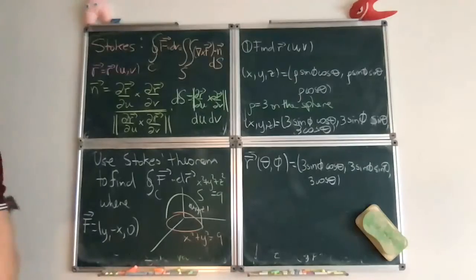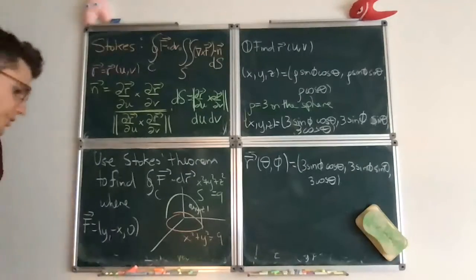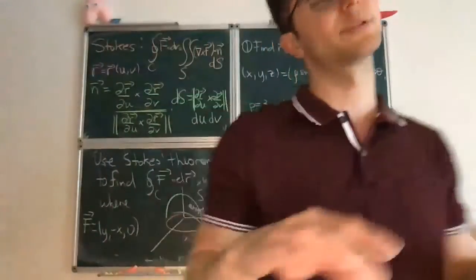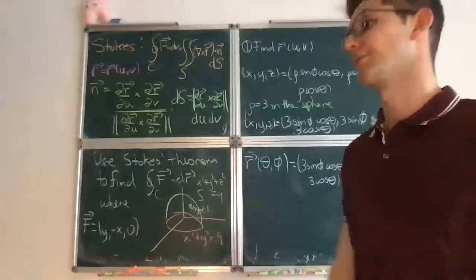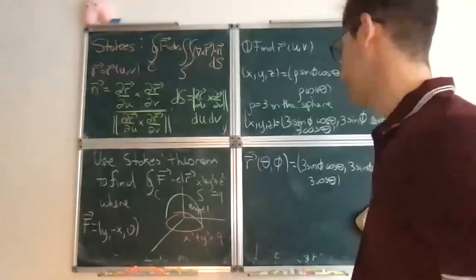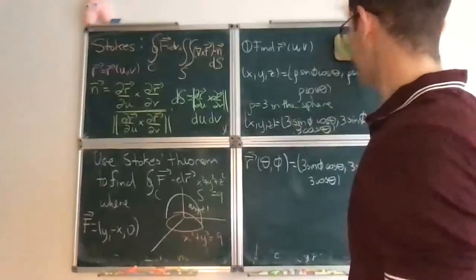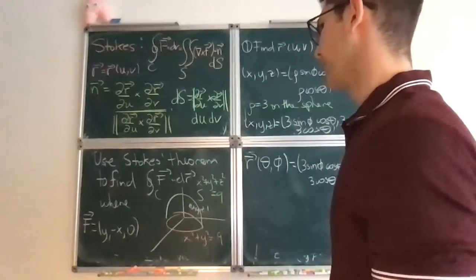In practice, that takes some time to get used to, so I'll always tell you which normal vector you should use. I'll make this more clear in a second, but that is not something you have to worry about.